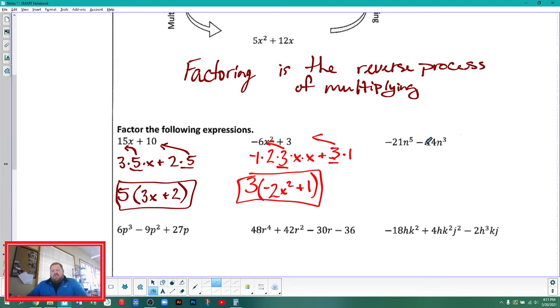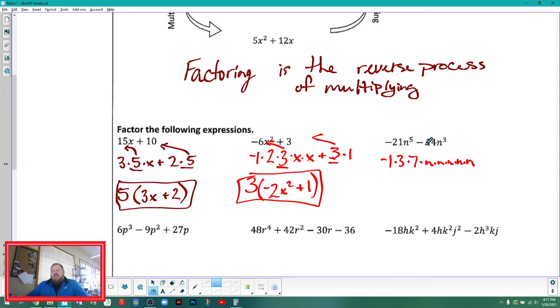In my next one, this is the last one that I'm going to do by breaking it down this way. Typically, I don't break it down into this much detail, and for good reason. A lot of times there's a lot of stuff going on. -21n to the 5th feels like -1 times 3 times 7 and 5 n's.